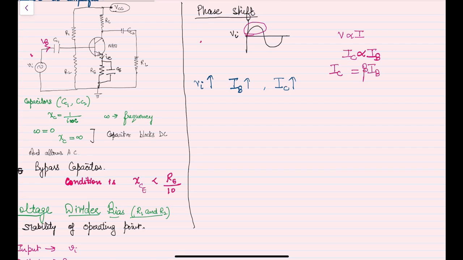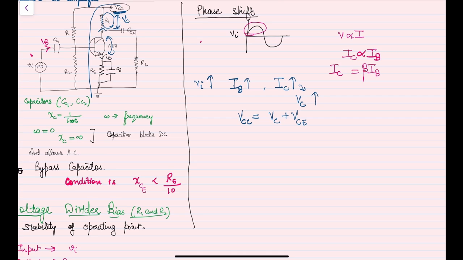Now IC flows through the collector resistance RC. It is flowing here. So the voltage drop across RC, that is VC, also increases with the increase in IC. For the total voltage VCC which we have provided, by Kirchhoff's law in this loop, VCC is equal to VC plus VCE, which is actually our output voltage.